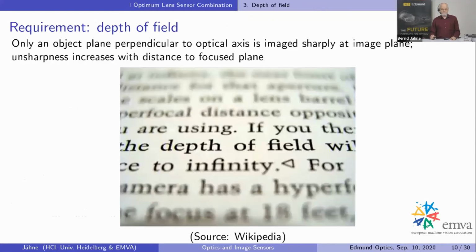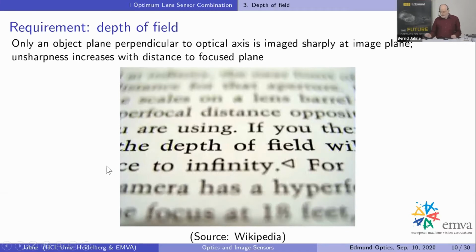the image plane. The next requirement, which is a decisive thing for real applications, is that the imaging equations tell you, well, only at a certain distance you get a really sharp image. If it's a little bit further away or a little bit closer, basically the unsharpness increases with the distance to the focused plane.